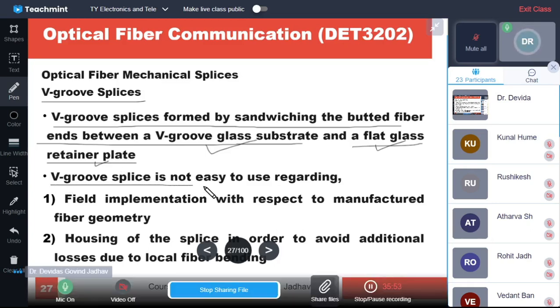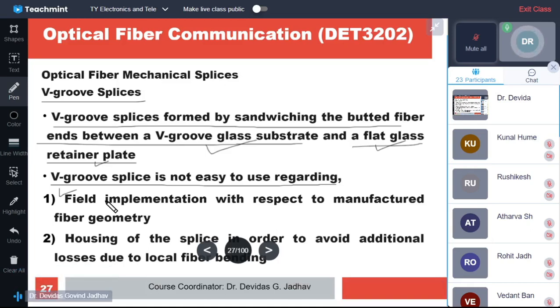Then the V-groove splice is not easy to use regarding field implementation with respect to manufactured fiber geometry, and it is not easy to use regarding housing of the splice in order to avoid additional losses due to local fiber bending. Why is it not easy to use?